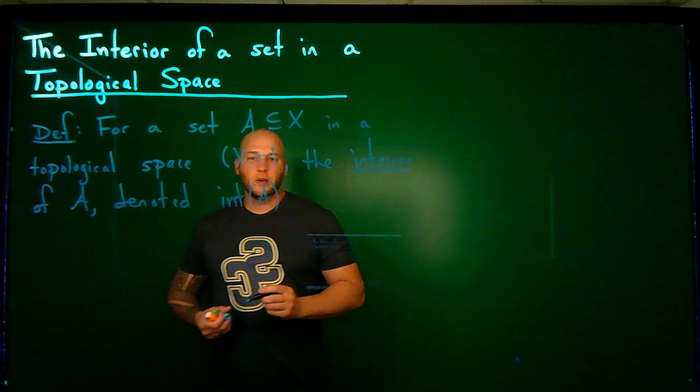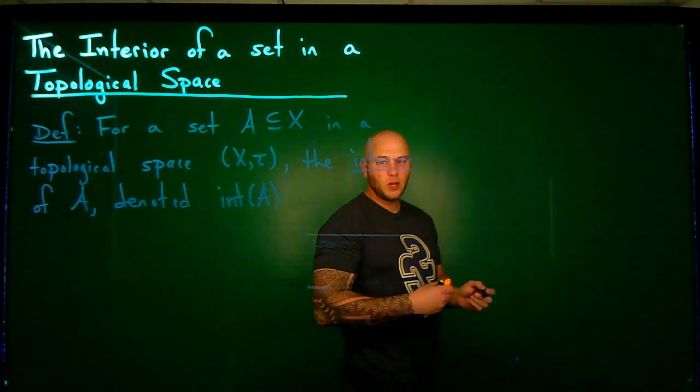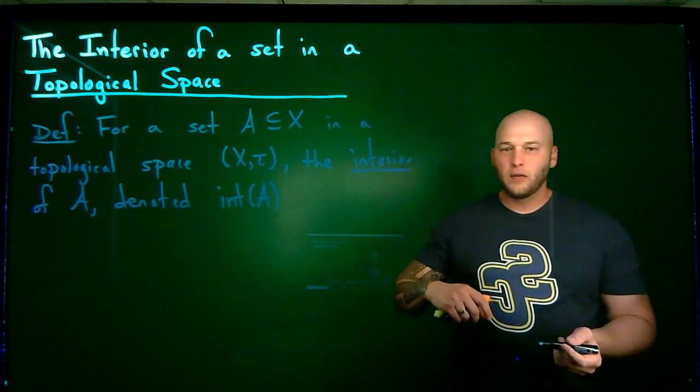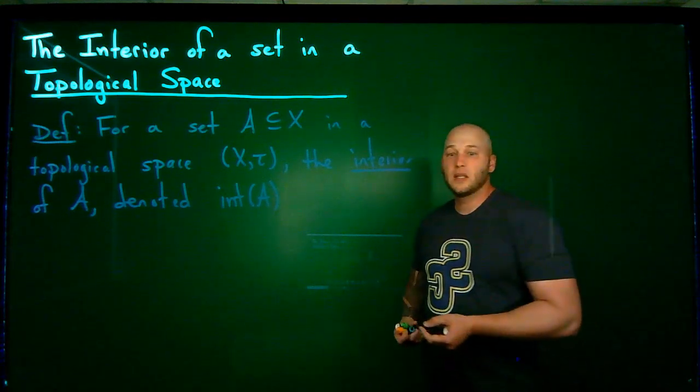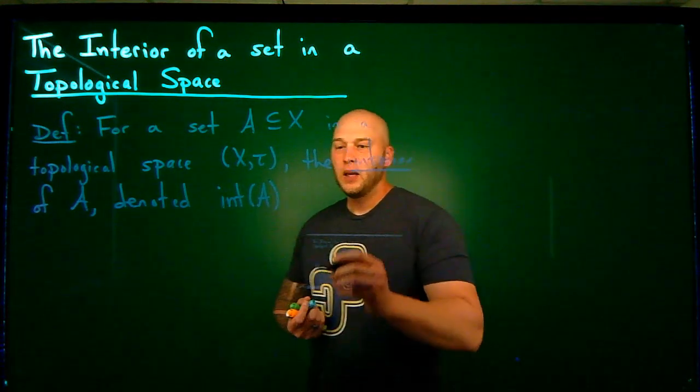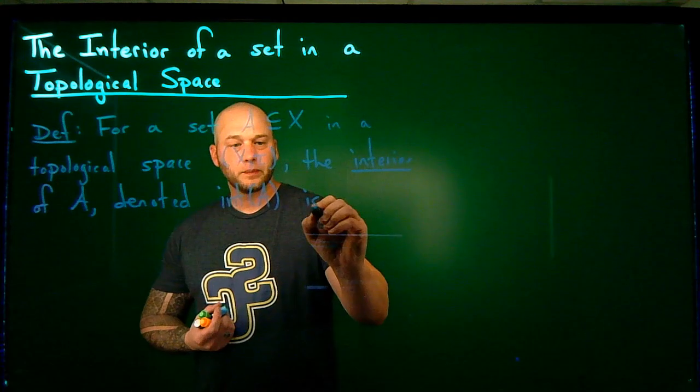You'll see some different notations depending on what textbook you're using, but in this video I'm going to use the notation int of A, again to denote the interior of the set A.